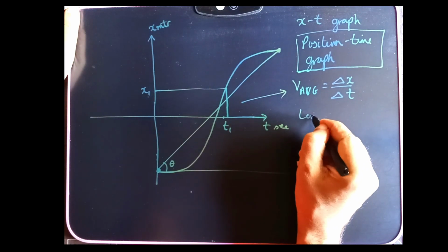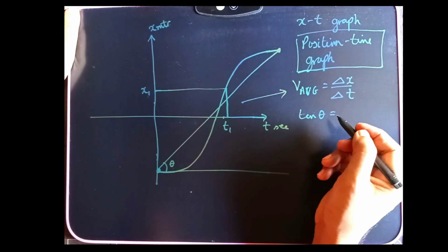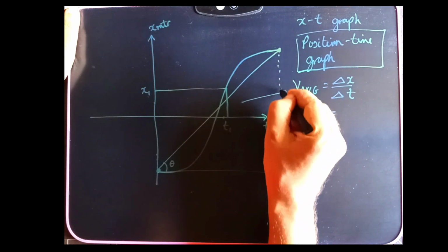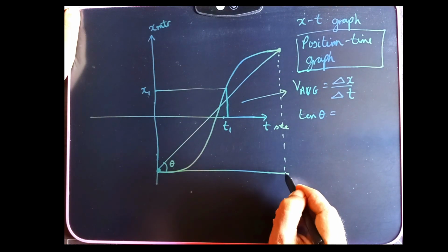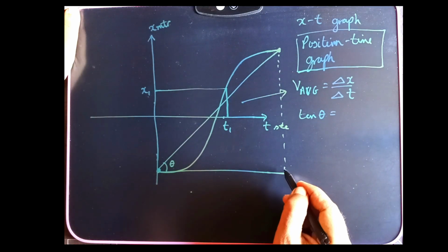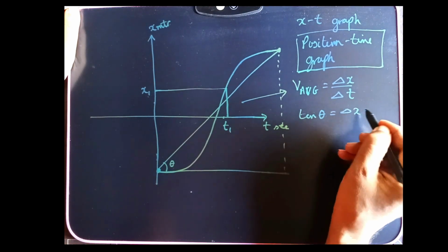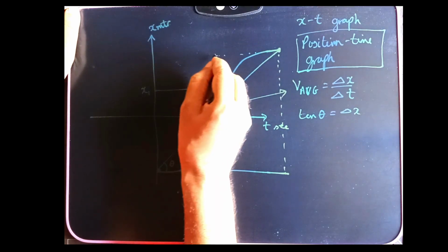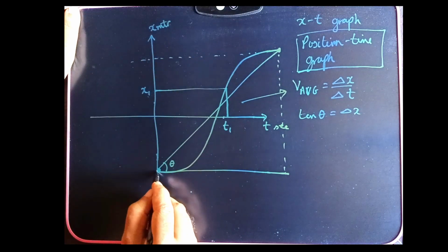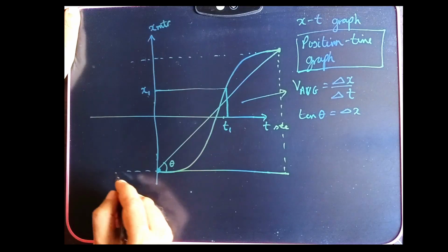Then I can say that tan theta is equal to, if I draw a perpendicular, this line represents delta x. Am I right? This line represents delta x because this is the change in position.